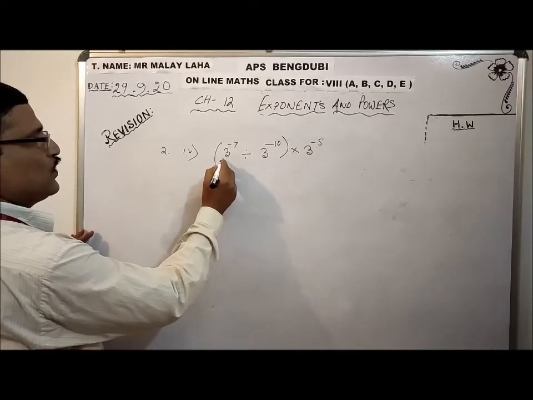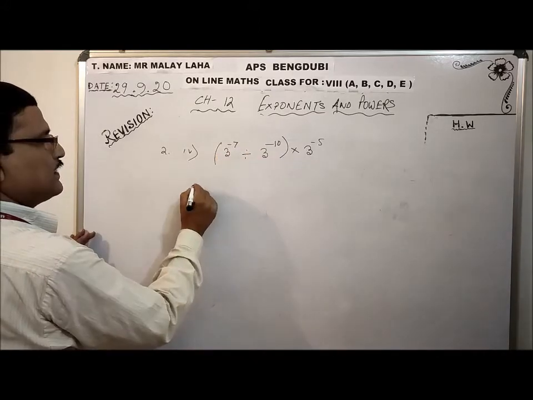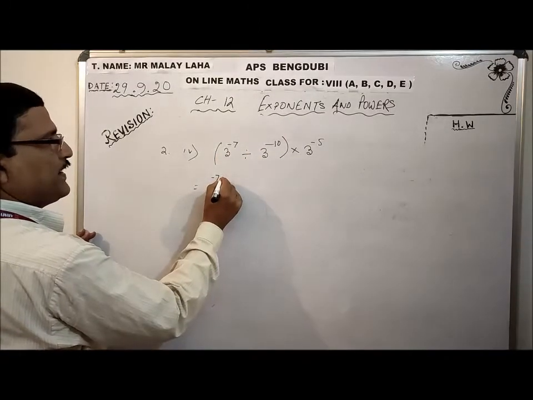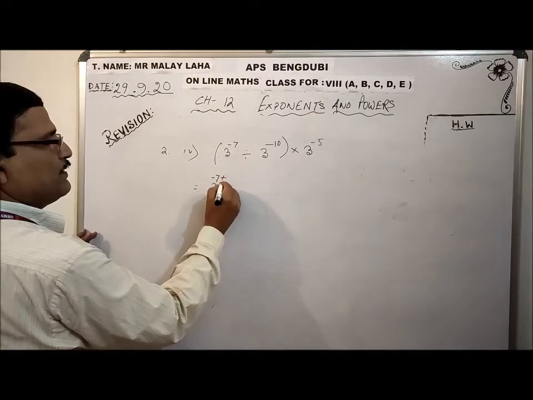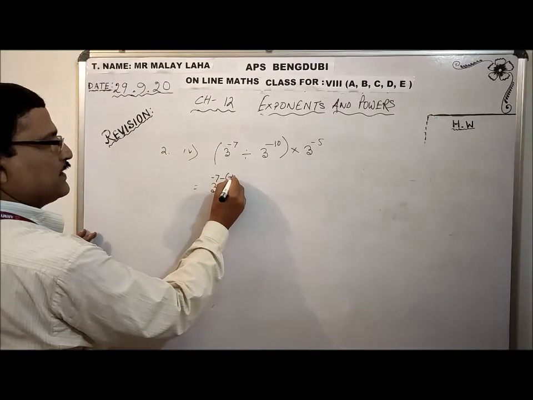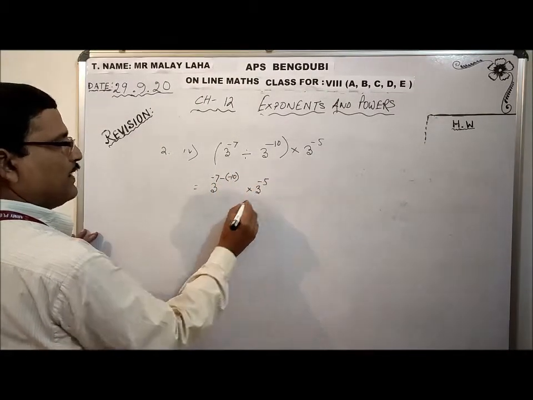So in this case, the base is the same, and in the division part the power will be subtracted. So 3 raised to minus 7 minus minus 10, minus and minus will be plus, multiplied by 3 raised to minus 5.